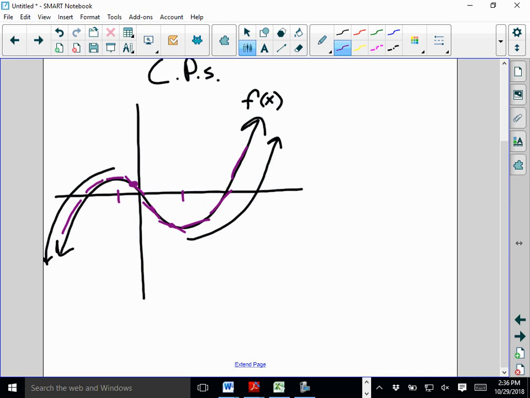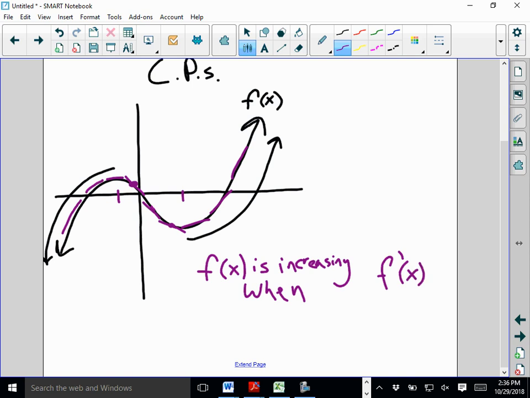f of x is increasing when f prime is greater than 0. So f of x is increasing anytime my derivative is positive.